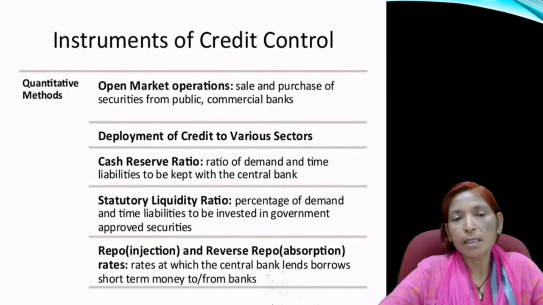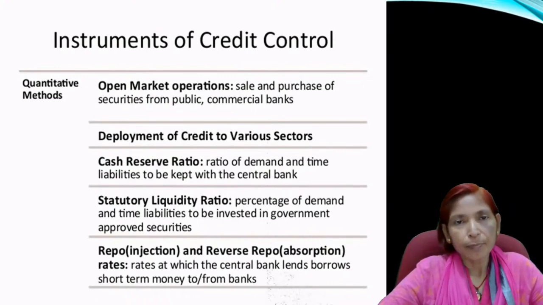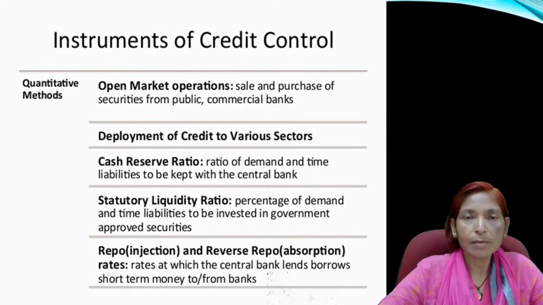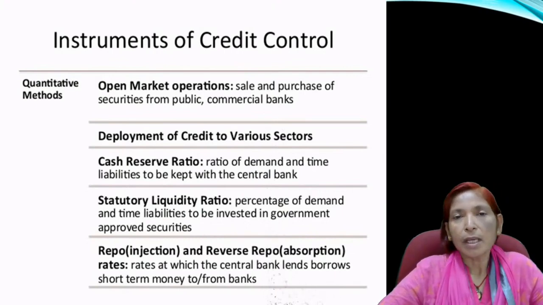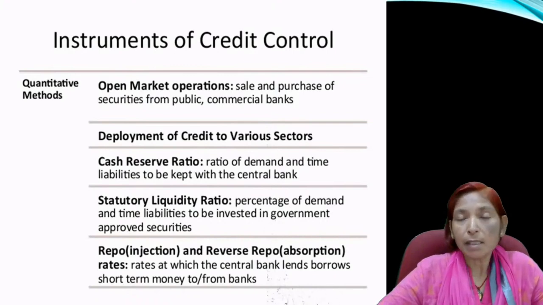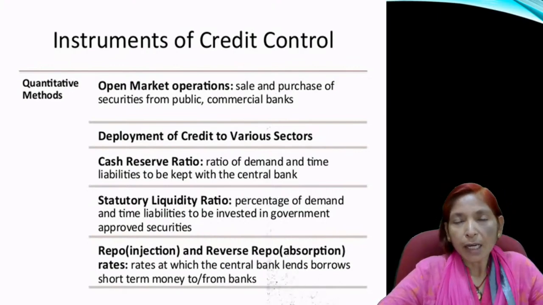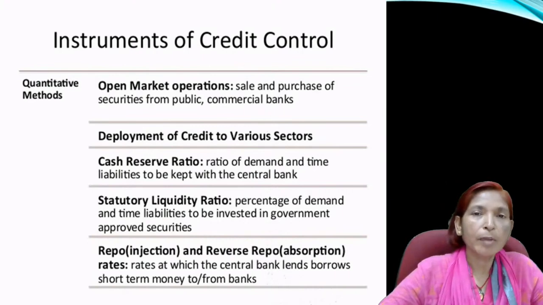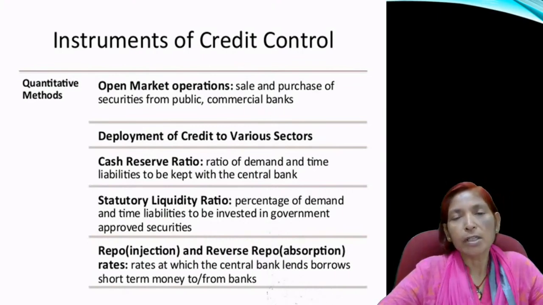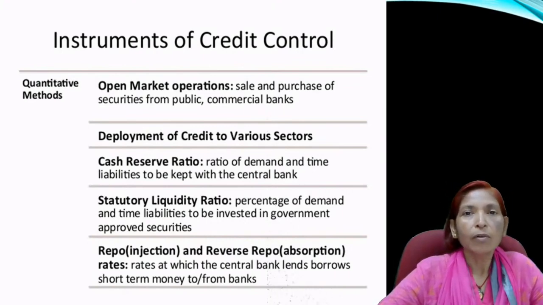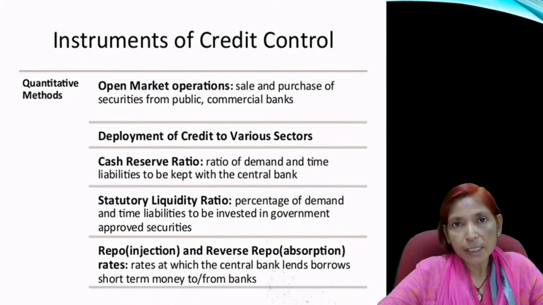Next is open market operations. Open market operations means sale and purchase of securities. Securities means shares, bonds, debentures. RBI can sell or purchase all these securities from the public and from commercial banks. At the time of inflation, if RBI wants to control the inflation situation, then RBI will sell these securities to the public or commercial banks.